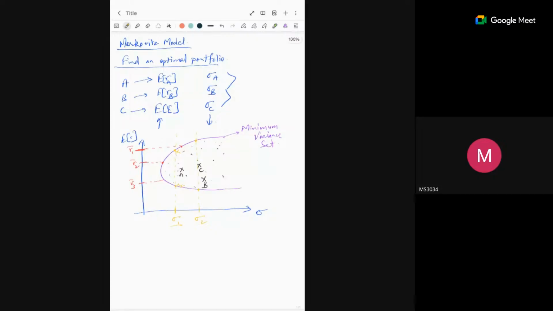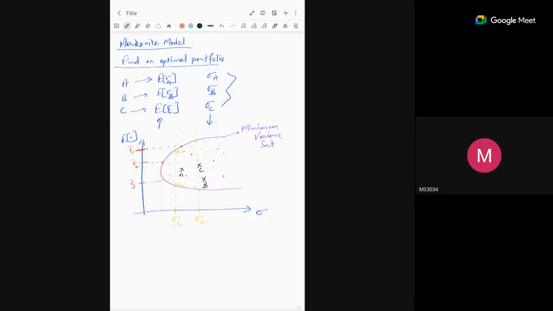You can find the leftmost point here also. The leftmost point on this minimum variance set, this point, is what we call the global minimum variance portfolio. Why? Because this is the portfolio which gives you the minimum variance possible. Correct?